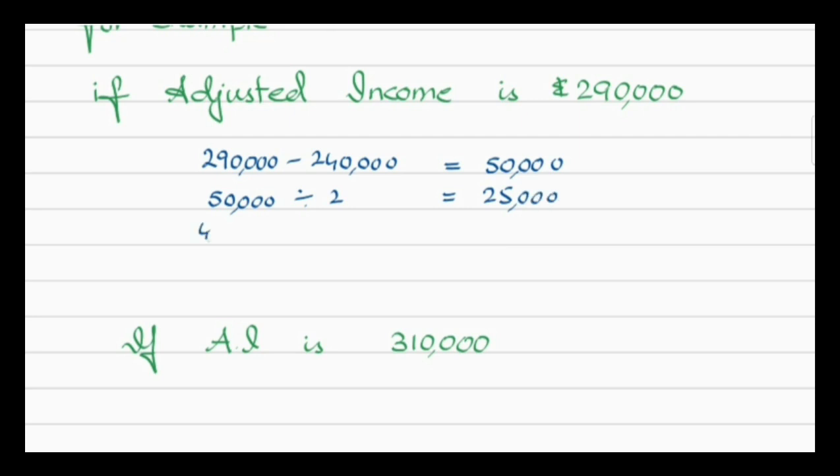Now subtract this 25,000 from the annual allowance of 40,000 and you have 15,000 of annual allowance available.